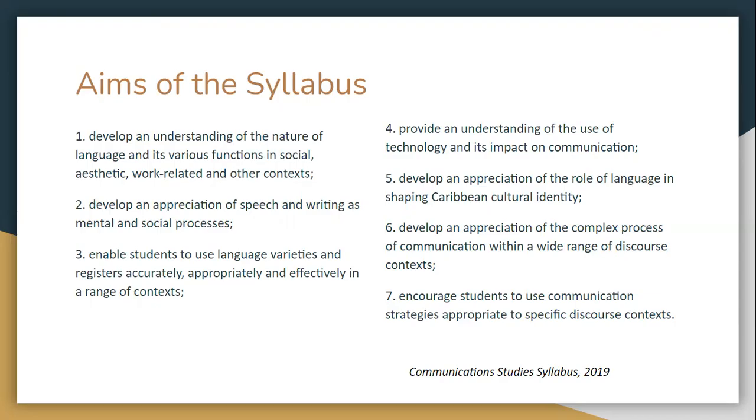So one, you have to develop an understanding of the nature of language and its various functions in social, aesthetic, work-related, and other contexts. What does this mean? It means how does language work in general, but then how does language work in different situations? Because language in social situations, it's one type of creature.